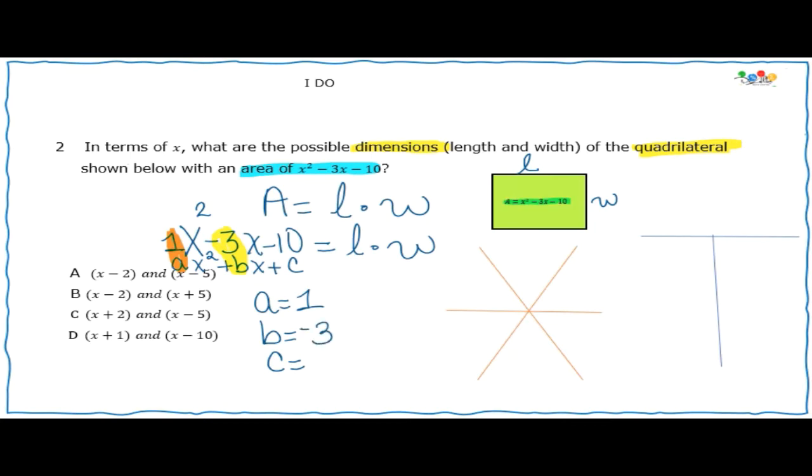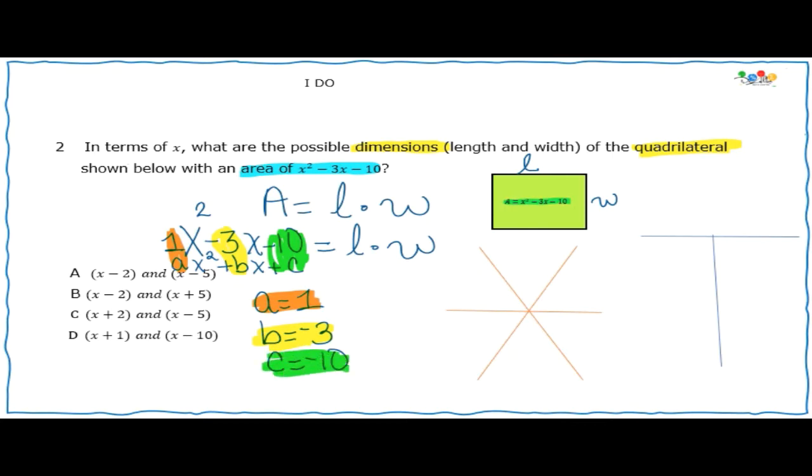And the last one is c, and c goes with negative 10. Very good. So let me write down my negative 10 here. This is your a, my b is right here, and my c is right here.